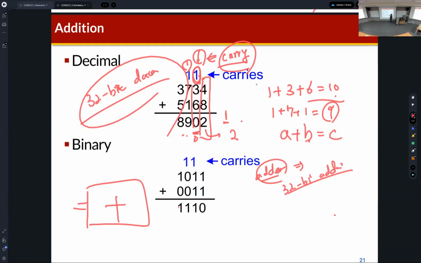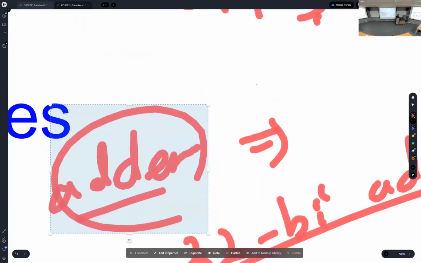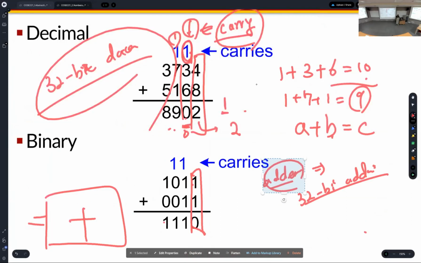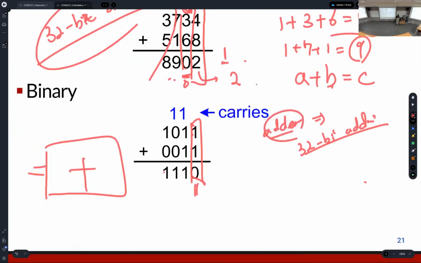You may think it's the same as the real calculation. The machine, the system, can perform addition like a human. The mechanism is the same. But the problem is that we start from this digit, and until the result of this digit is generated or completed, we cannot start the computation for the next digit.